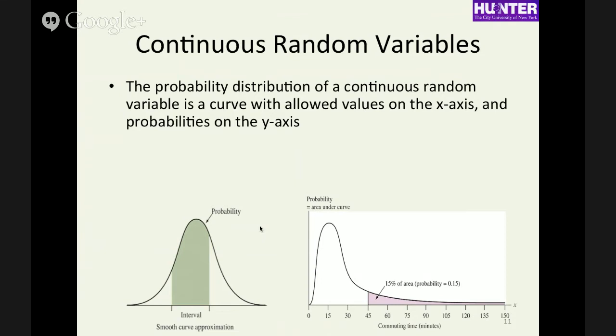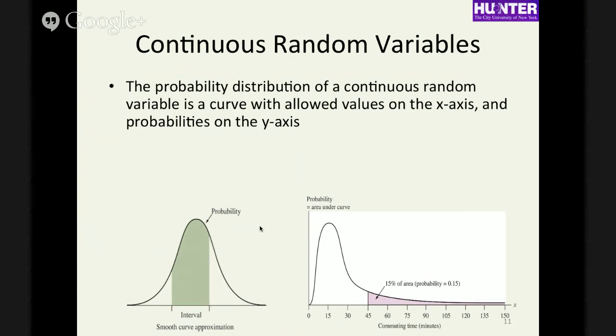If you look at that area under this curve, it'll give you the probability of having a realization of this random variable within that region. And there are different shapes that are possible. We're going to be talking about the ones that look like this, the normal distribution.